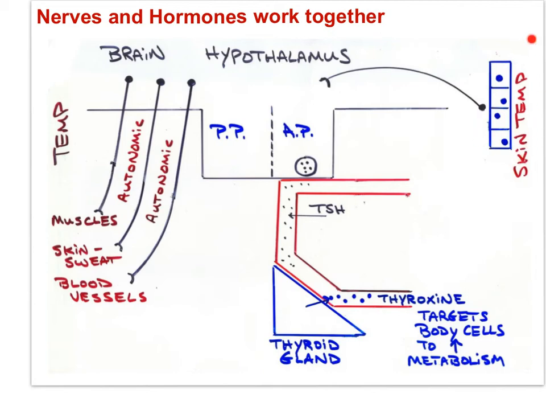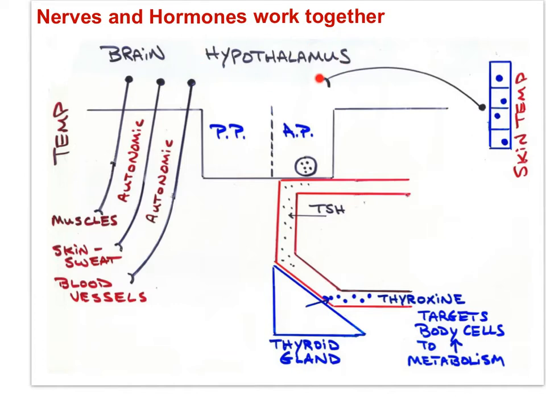The skin senses a change in temperature, let's say cold temperatures, and sends a neural signal to the hypothalamus. The hypothalamus responds with nervous signals to muscles to stimulate shivering, to sweat glands to inhibit sweating, and to blood vessels to constrict vessels, thus conserving heat.